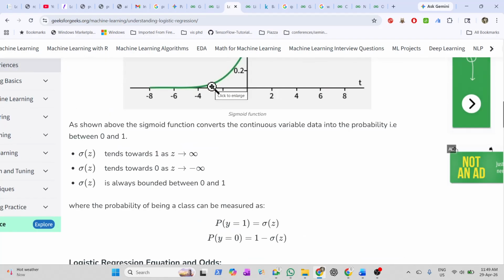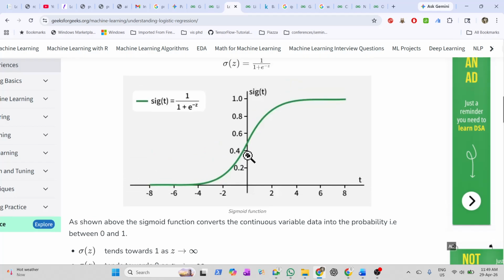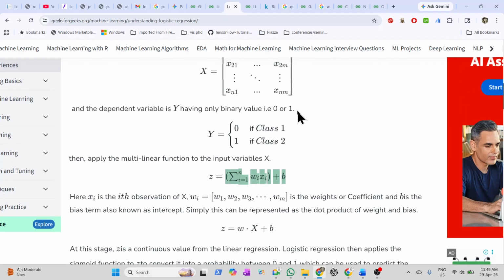And if you put the threshold value to be 0.5 here, look at my cursor pointer, then whatever is equal or above 0.5, all these data points go to, let us say, class 2.